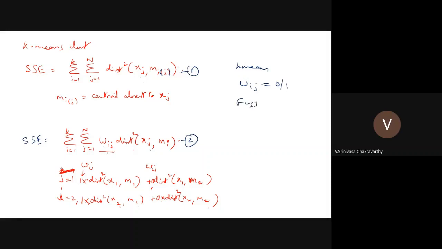Same thing in fuzzy, Wij is in the interval 0 to 1, so it can vary continuously within that interval. But in addition, we'll use one more thing, a quantity called P. P is a power, an exponent, and P varies from 1 to infinity. So P will denote the level of fuzziness.